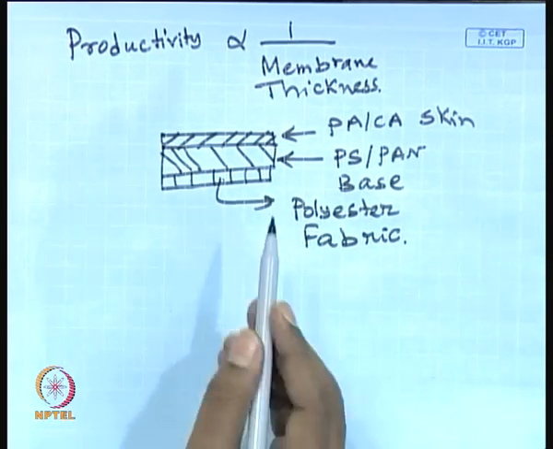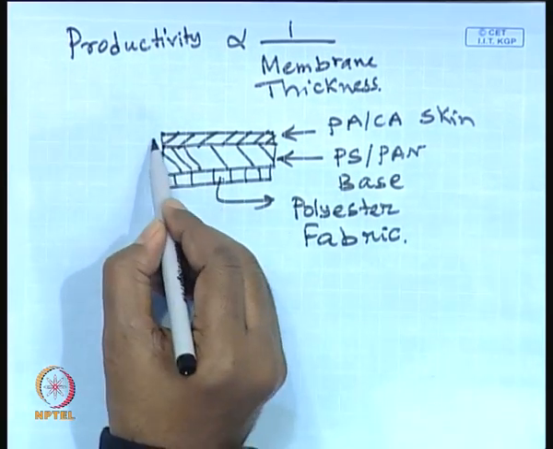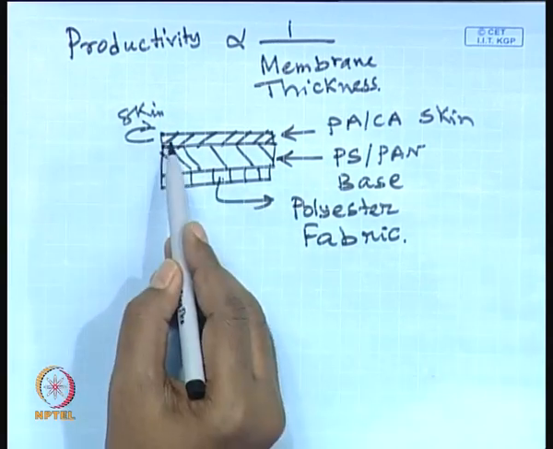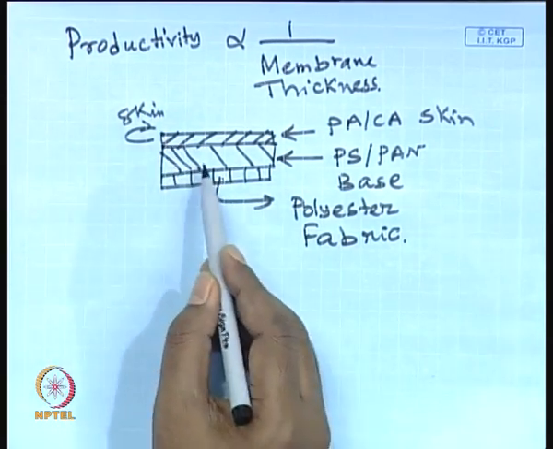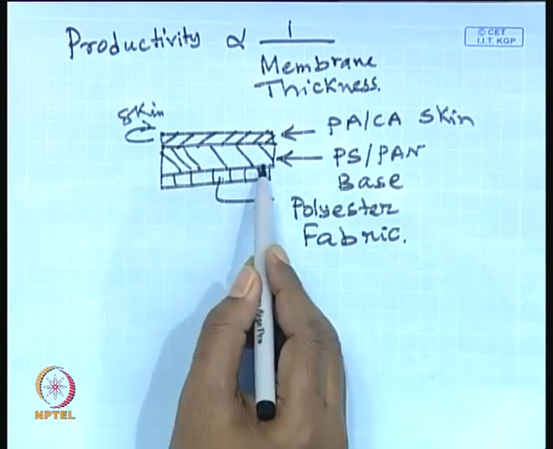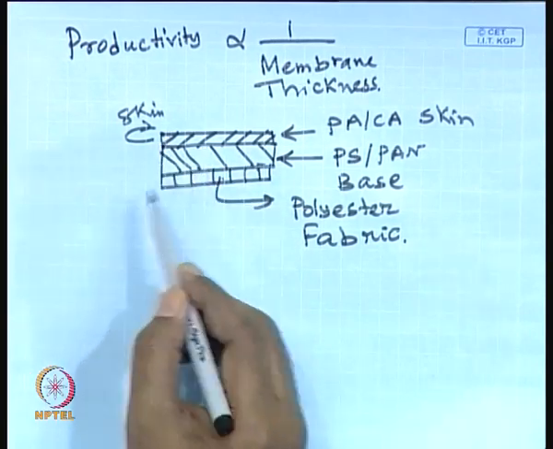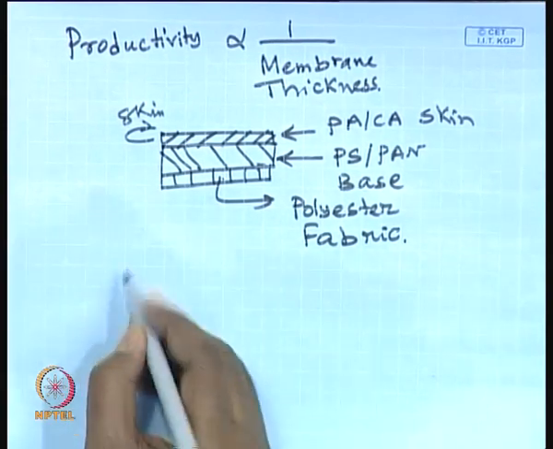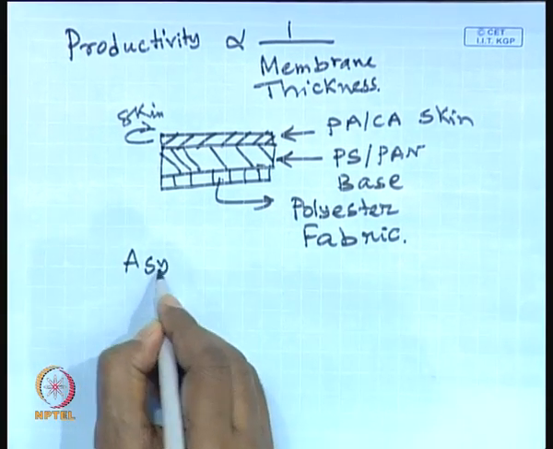Now, the actual membrane is basically this skin. This is the actual membrane. Since this thickness is much lower compared to the thickness of the supports, you can expect a higher productivity of the process. This is known as an asymmetric or non-homogeneous membrane.